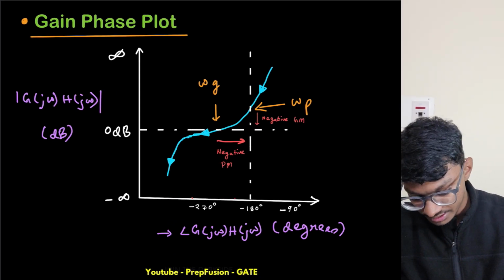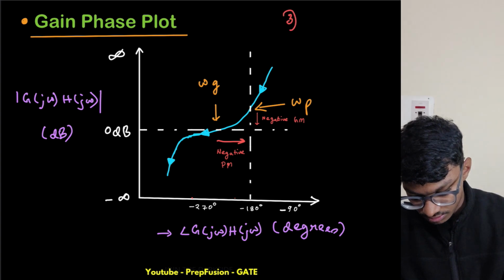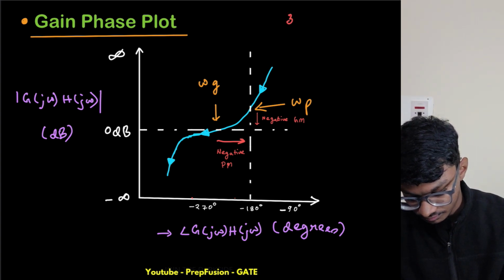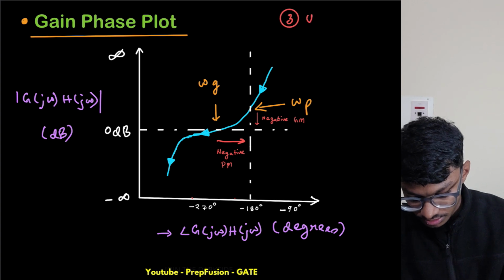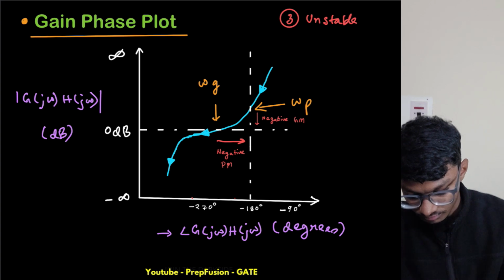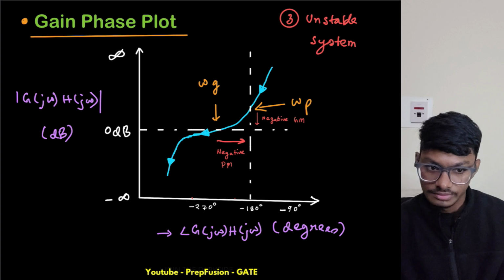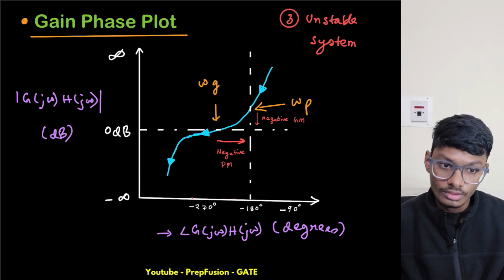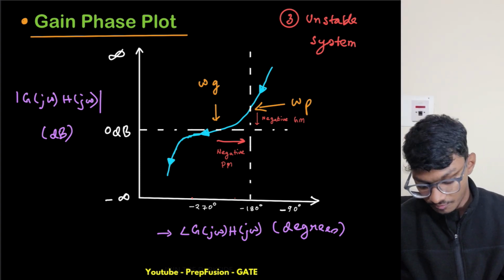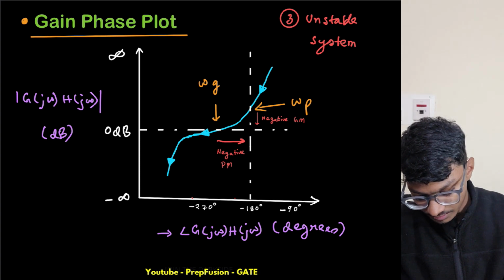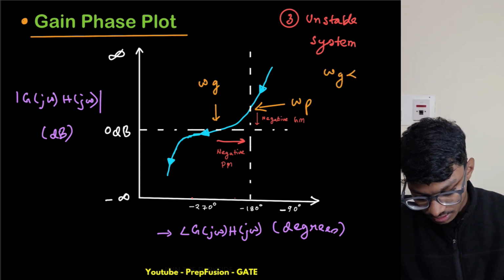So what I can comment here is that the system is unstable. From this I can also understand that my omega g is less than omega p.